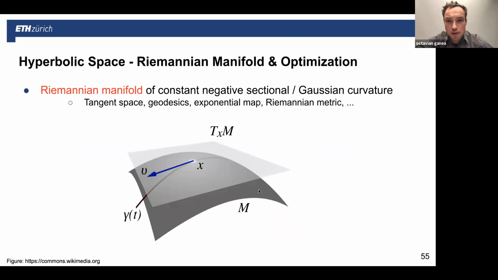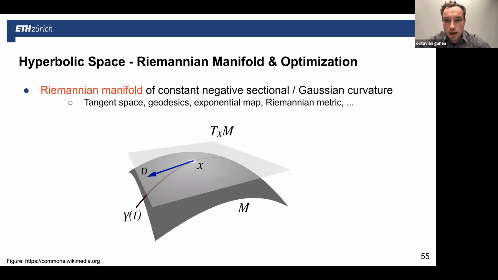So hyperbolic spaces are Riemannian manifolds, and I'm not going to cover aspects of Riemannian geometry because it's going to be a very long discussion, but I invite you to read about them if you don't know these concepts. What I'm going to say is that this hyperbolic space is a Riemannian manifold with a particularity.